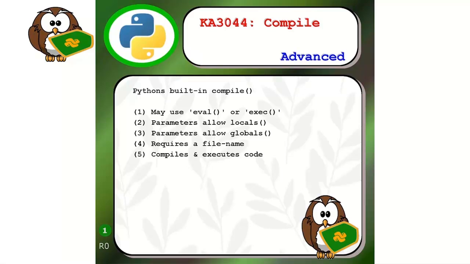Designed to be a tricky question, keep in mind that we're talking about compile rather than anything else.